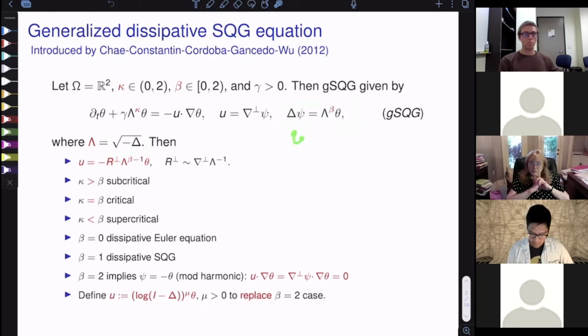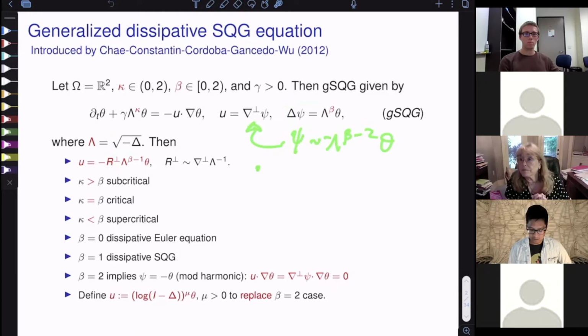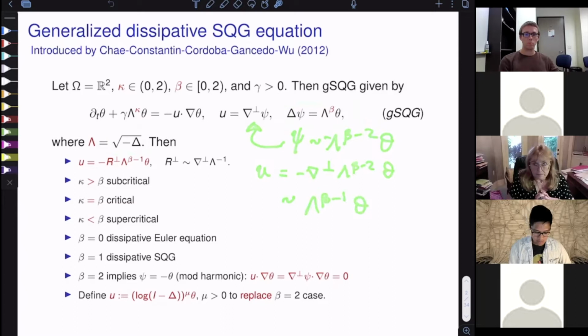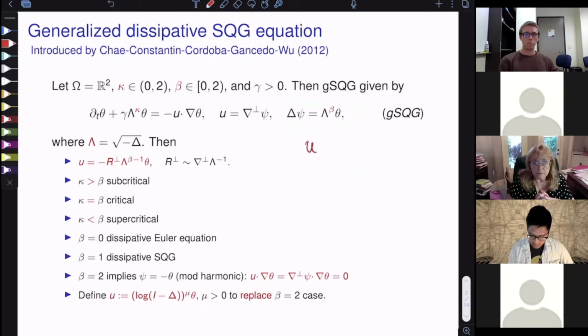So formally, psi is lambda to the beta minus 2 of theta. And then if we plug this into u, we see that u is minus gradient perpendicular lambda to the beta minus 2 of theta. And so u is essentially lambda to the beta minus 1 of theta. So let me write that down. So u is like lambda to the beta minus 1 of theta.